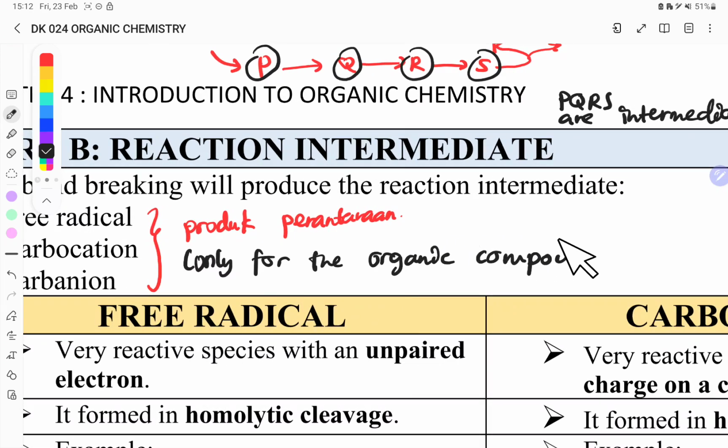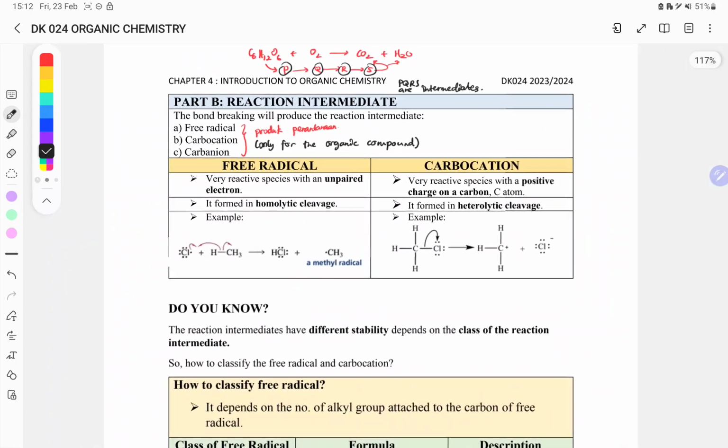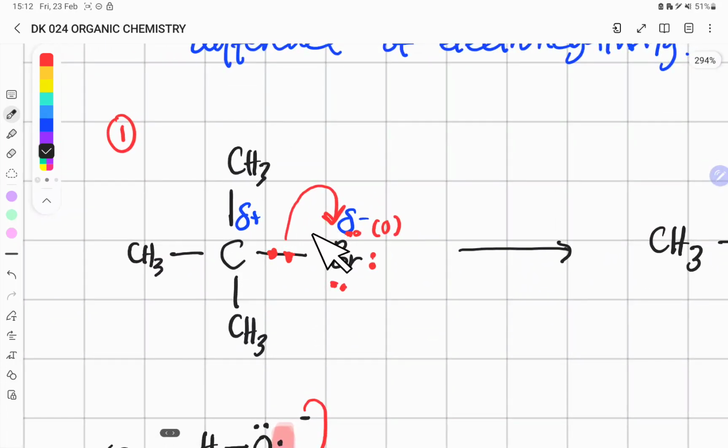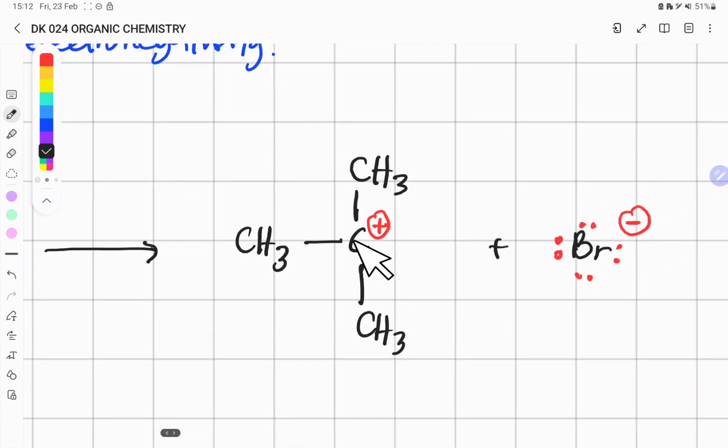Sebab kalau kita tengok, okay, if we were to refer on the previous page, contoh yang ini. Bila dia putuskan 2, kita ada 2 intermediate, ini dan juga ini. We don't want to focus on this. We want to focus on the carbon compounds, but we are doing organic chemistry. This is what our focus, the compound with carbon bond.